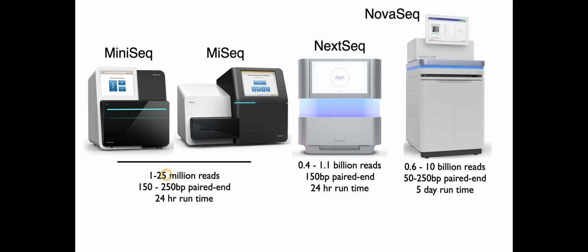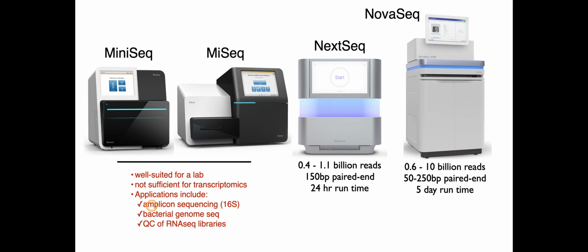In contrast, the MiniSeq and MiSeq do not generate enough data to really cover more than one sample for mammalian transcriptomes. And so it's really not adequate for the kinds of transcriptomics we're going to be talking about in this course, but the NextSeq absolutely is. And that amount of data is generated in just 24 hours. I mean, it's really staggering the rate at which these instruments can generate massive amounts of sequence data.